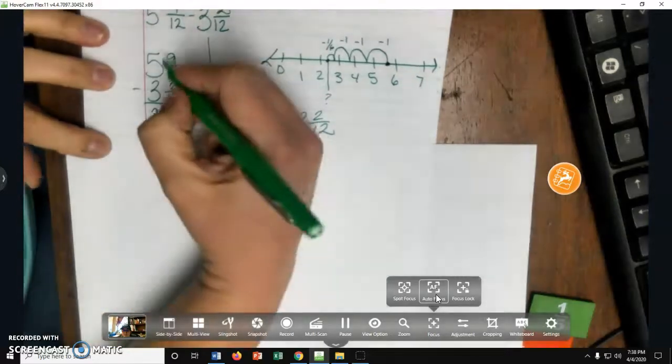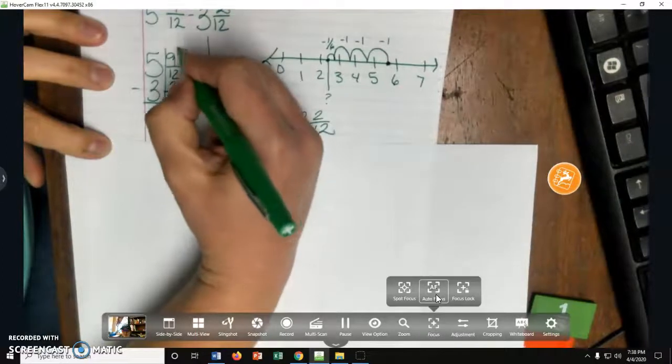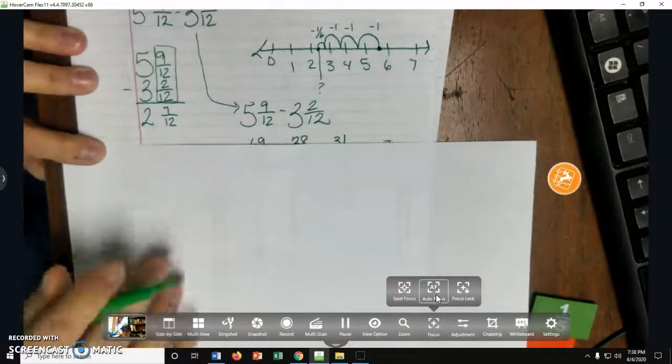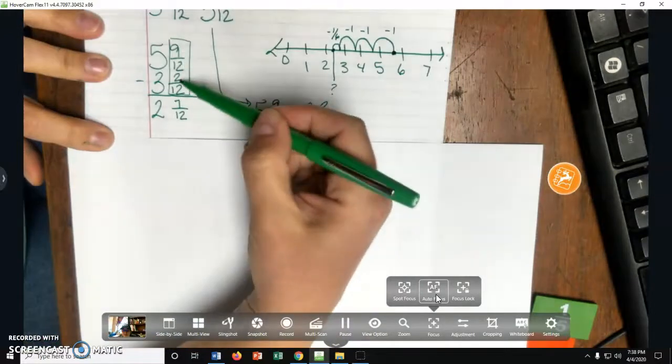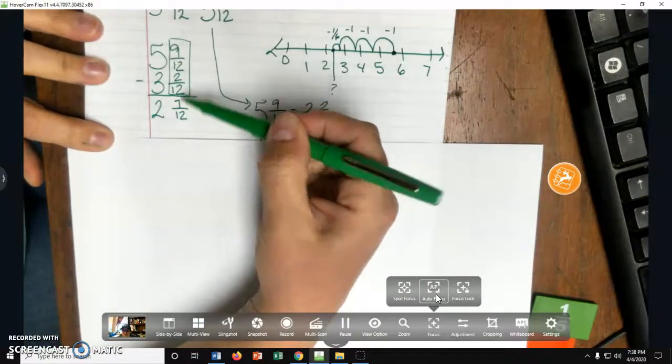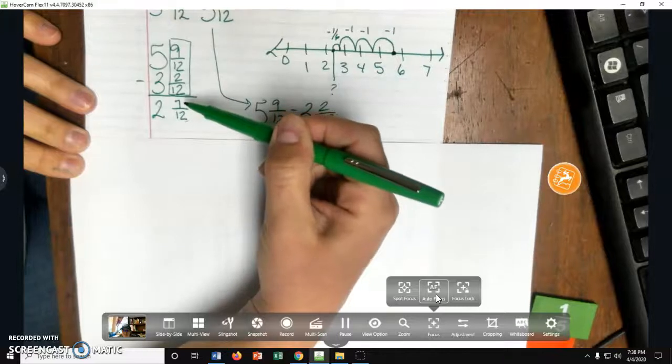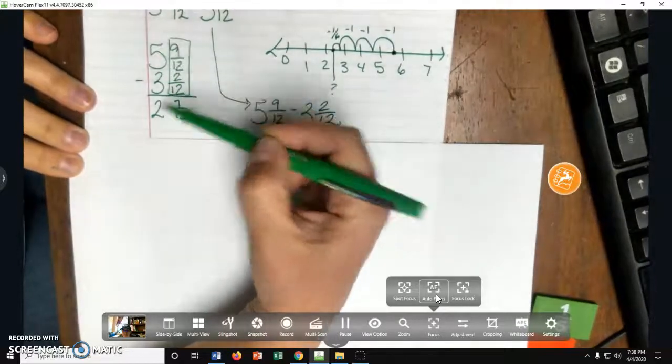Here's the important part. You have to start all the way to the right, just like you do in any other problem. So here I'm asking myself, can I take 2/12 away from 9/12? Yes, I can, and I get 7/12. Then 5 minus 3 is 2.